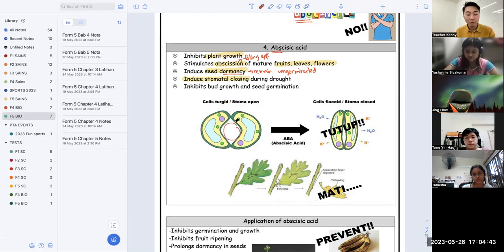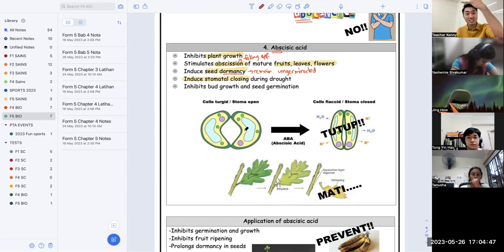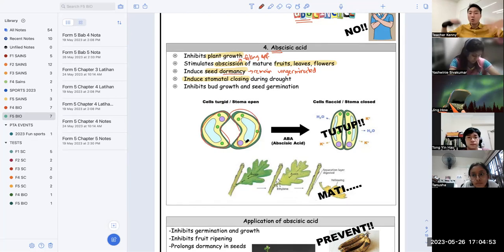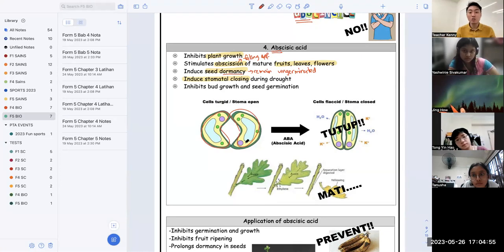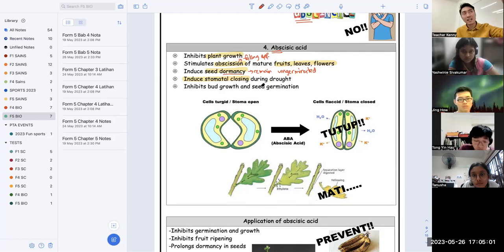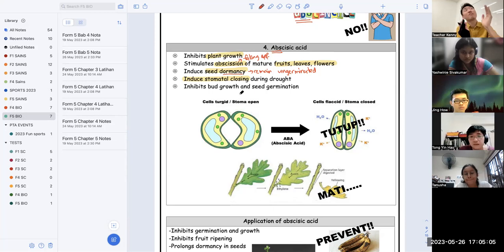Correct, stoma open because the guard cells bend outwards, right? Because there's sunlight, the guard cells say photosynthesis time. Photosynthesis draws more water in, and then the two cells open up, and then the stoma opens up. Correct? Then sunlight. So much sunlight. The cells go, wow, happy photosynthesis.